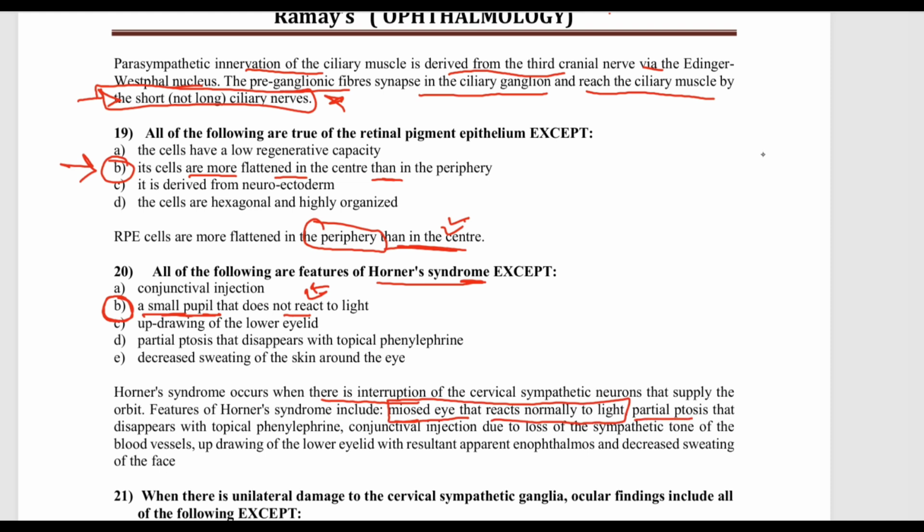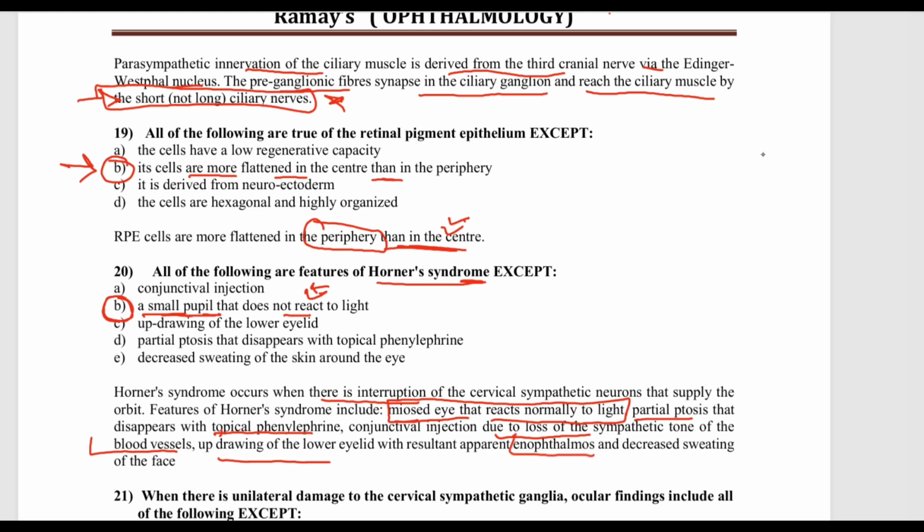Partial ptosis that disappears with topical phenylephrine, conjunctival injection due to loss of the sympathetic tone of the blood vessels, updrawing of the lower eyelid with the resultant apparent enophthalmos, and decreased sweating.